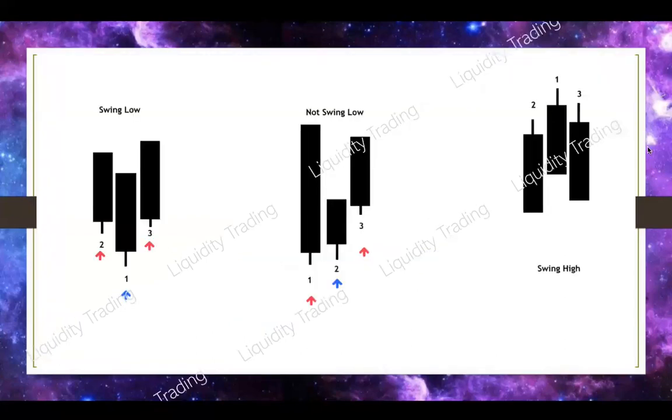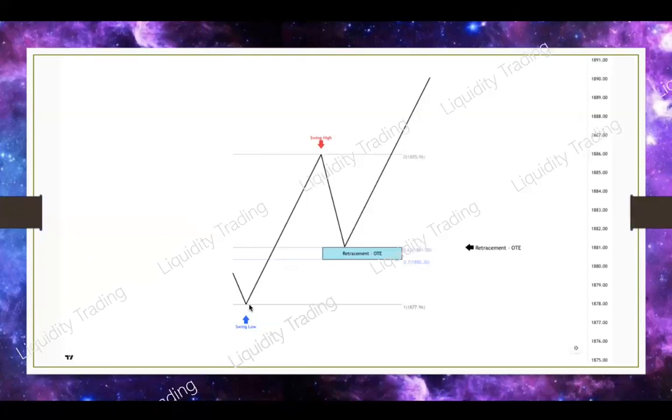Now, what is a swing low and a swing high? Referring back to this example, you will pull the fib from a swing low and a swing high on a bullish market and wait for a retracement, wait for a discounted price below the equilibrium level. So you might be asking yourself, what is the equilibrium? The equilibrium is most simply explained as the halfway on a retracement.